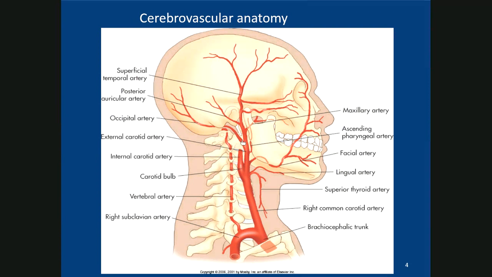Also, if you notice here, there are several branches coming off of the external, which we can actually see in the neck. When we're scanning the internal, we can't see any branches because it doesn't branch until you get up into the skull. So those are two clues.